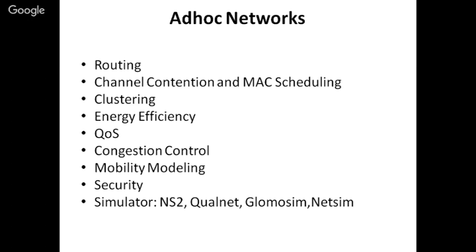Generally what happens is, suppose a node has sent some packets that are destined for node C, but some packets are dropped in the network, so we assume that there is a congestion in the network. So is it possible to propose some new concept or technology through which we are able to detect whether it is a congestion or it is a packet drop for some other reason? We are not able to differentiate between these two. So can we differentiate with the help of this? Likewise, mobility modeling is another challenge.